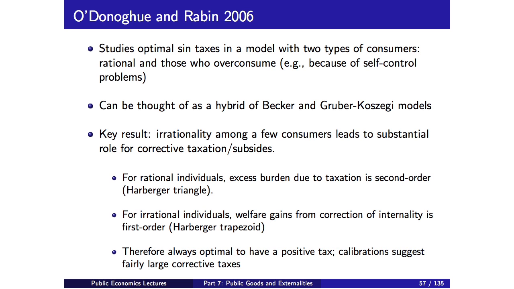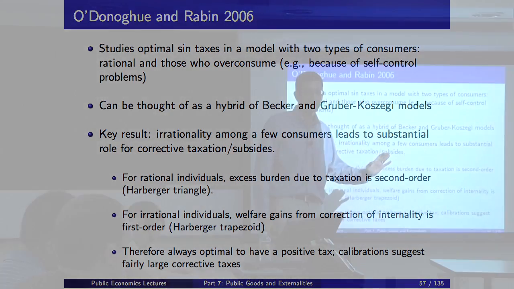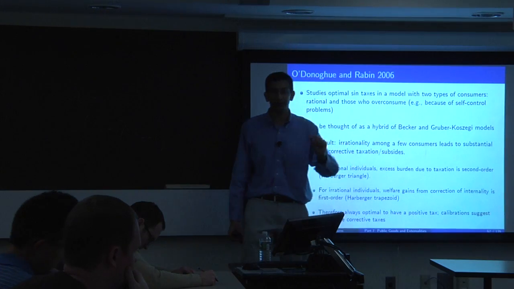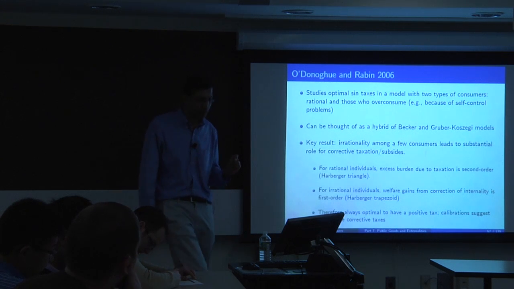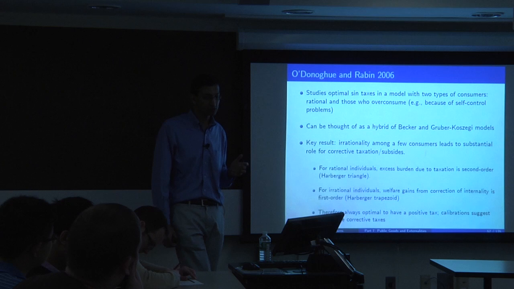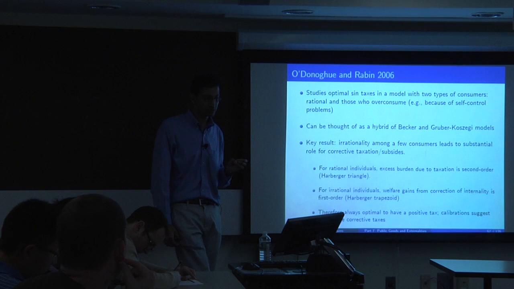So your initial intuition might be, well, if 95% of the people are rational, then probably I should not have these taxes because I'm going to create inefficiency for those guys while only fixing problems for a small number of people. But they show that that intuition is wrong because even irrationality among a few consumers leads to a substantial role for corrective taxation or subsidies.